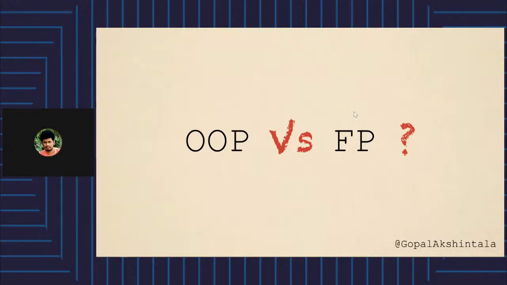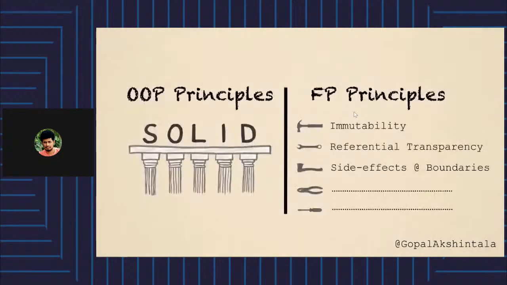OOP can be put into all the SOLID principles that Uncle Bob has formalized, and FP can be put into its own principles. The major popular principles in FP are immutability, referential transparency, and side effects at boundaries, etc. None of them contradict any of the principles in OOP, and they both should be used together.